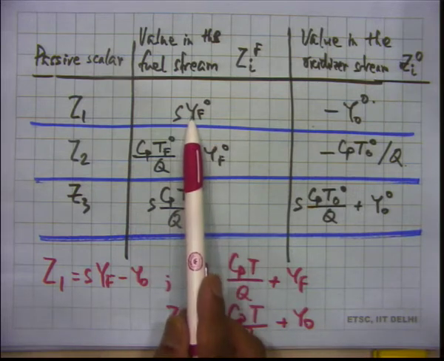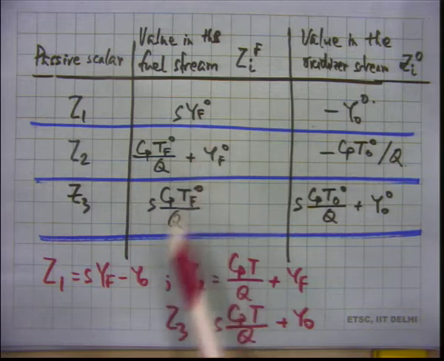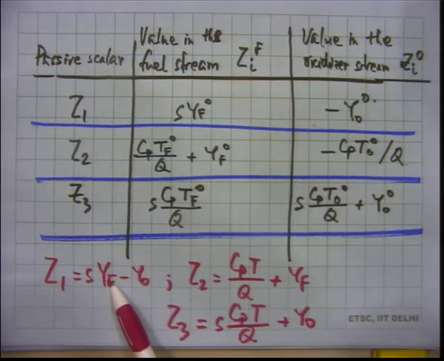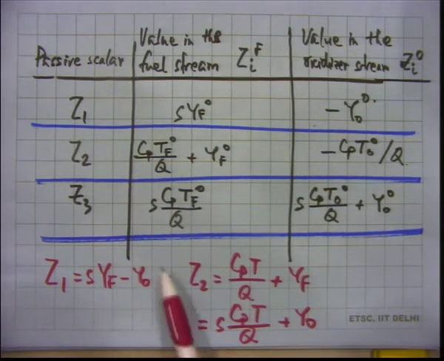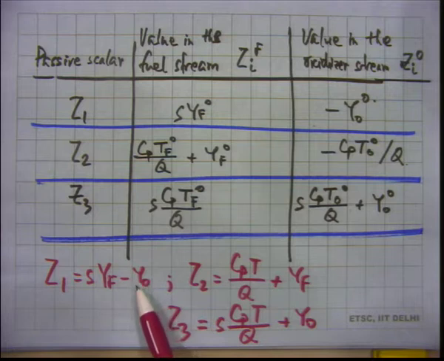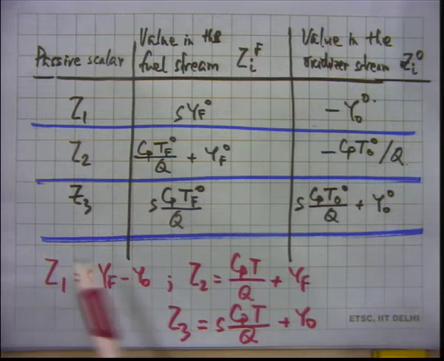This is correct? In the fuel stream, Z1 should be S times YF0, because in the fuel stream it is YF0, and YO is 0. So, this will happen, Z1. Let us randomly choose another one. Let us choose Z3 in the oxidizer stream. What is Z3?